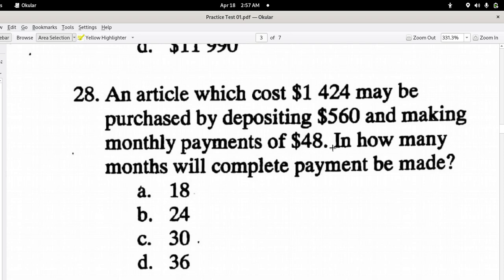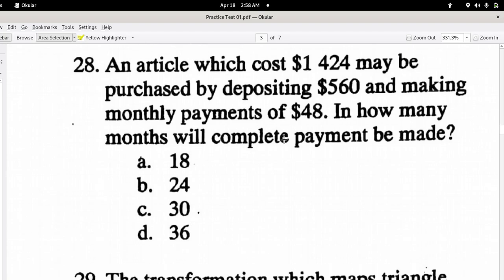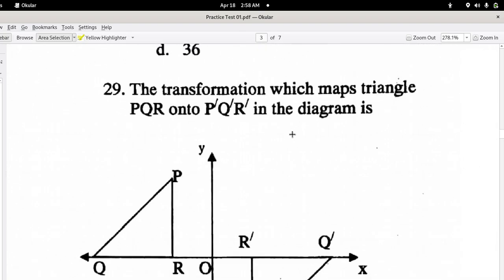Now in that case, you're going to find out how many 48s are in that amount that you still owe. And then, even if $1 is left over, you still have not finished paying. You need to go into another month to finish paying. So, you get that answer.